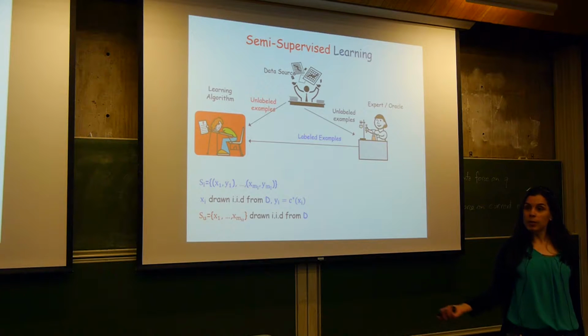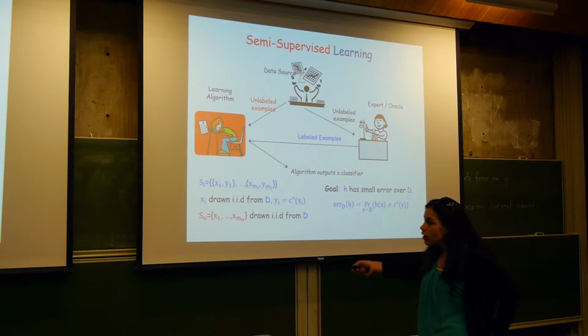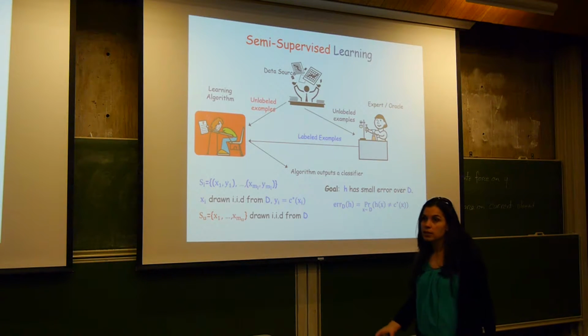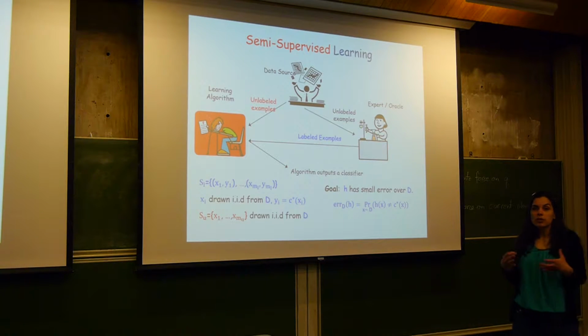And the goal, as typical, is to try to find a classifier that has a small error rate with respect to points that come from our underlying source. So that's a typical goal when we do machine learning and we assume a distributional learning scenario.